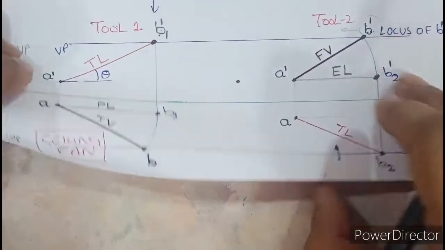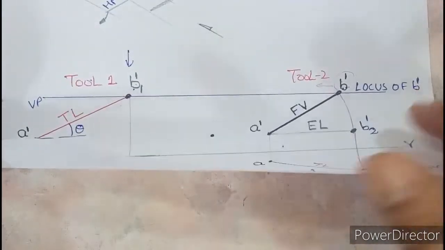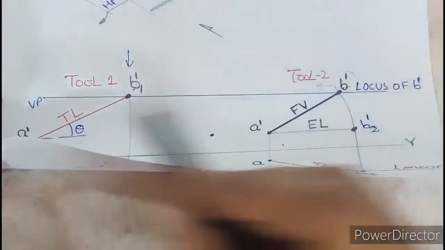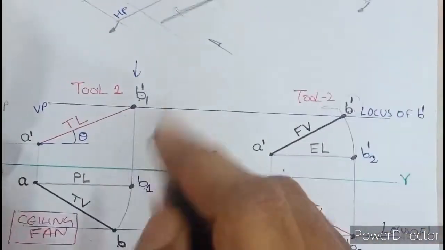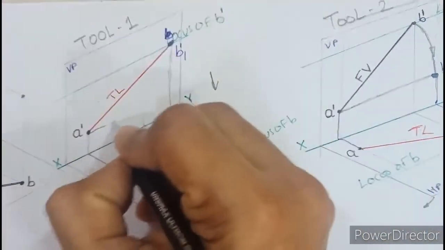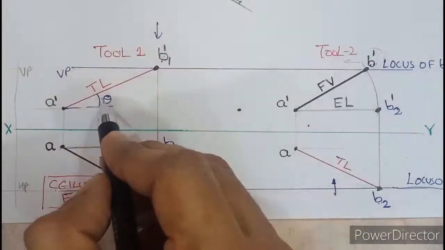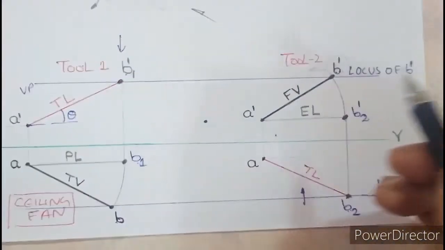And HP means it has to be folded. HP will be folded like this. So VP is like this and HP comes out. So true length with HP is called as theta. So in the 3D diagram, this angle is theta. So theta is the angle made by true length with HP. So you have to learn this by heart.